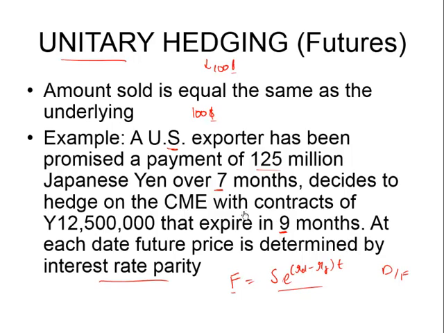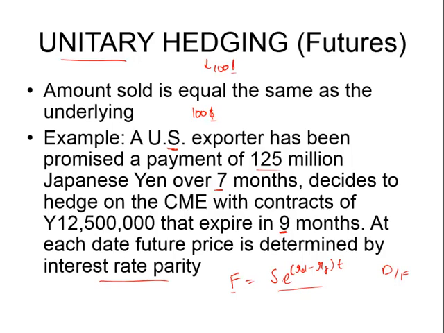So rather than shorting a 7-month contract, we will short a 9-month contract because it is the only one available. However, 7 months later, once we get our yen and we've converted it, for the remaining 2 months, do we need the hedge? No. Then we will square it off. We can just long a 2-month contract and square off any derivative position.